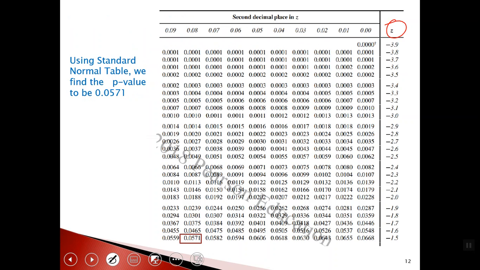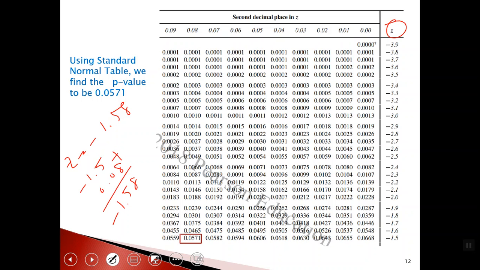Okay, z equals negative 1.58. Find negative 1.5, plus 0.08, right?